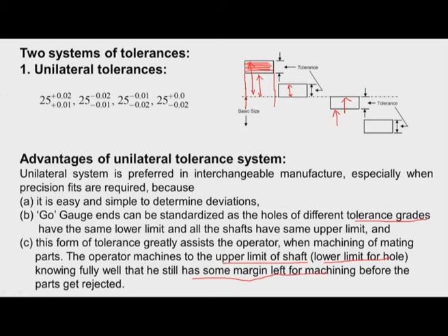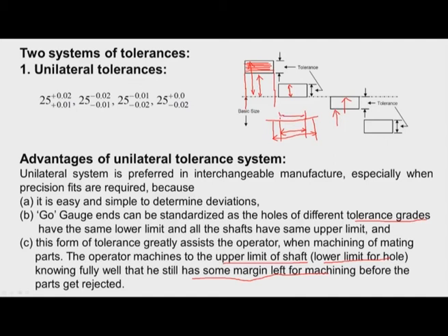So for example, a hole is to be drilled like this. This is the lower limit of the hole and this is the upper limit of the hole. The basic size coincides with the lower limit.